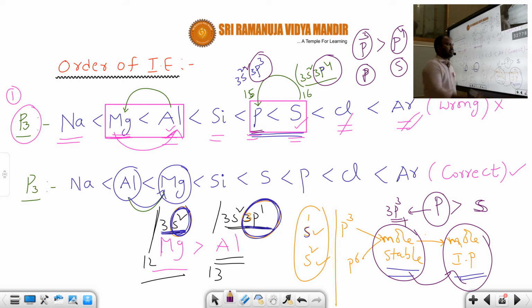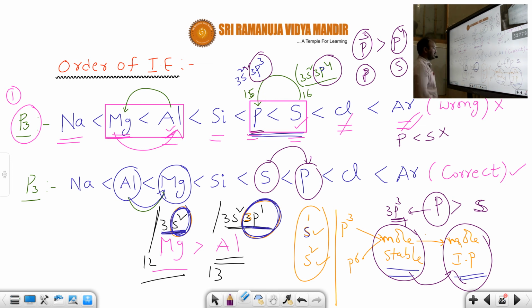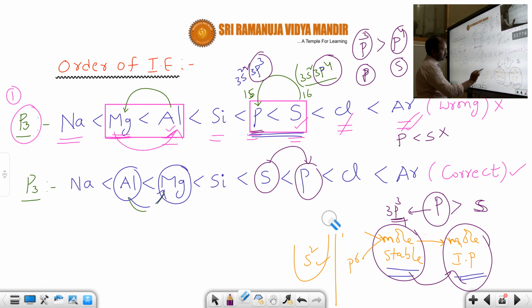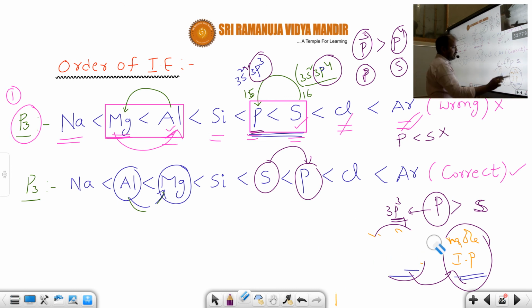So we expected that sulfur has more ionization potential than phosphorus, but what is the experimental evidence? Compared with sulfur, phosphorus has more ionization potential. Don't forget that. It purely depends upon the electronic configurations, electronic structures. Without knowing these structures, we can't sustain in these ionization potential problems.